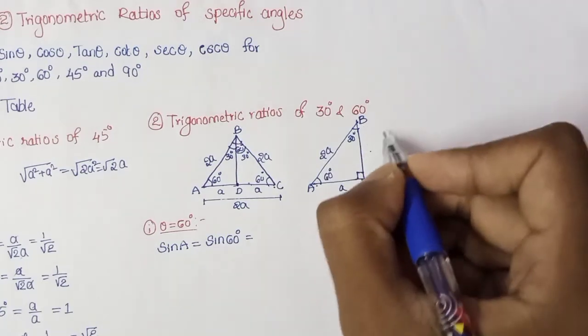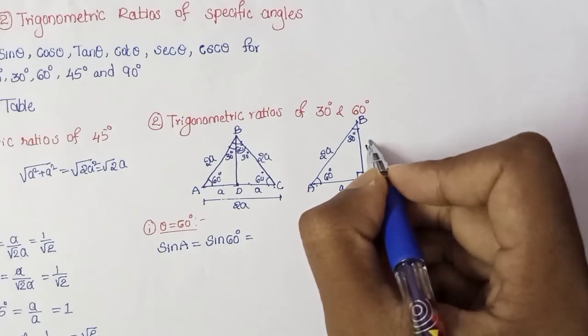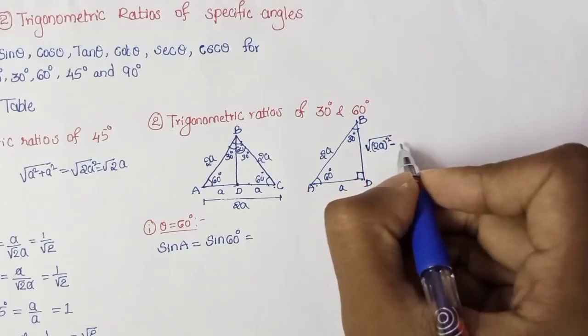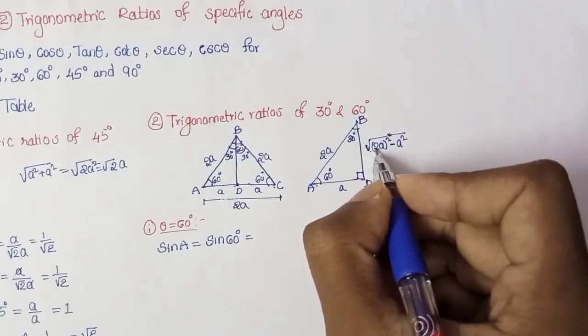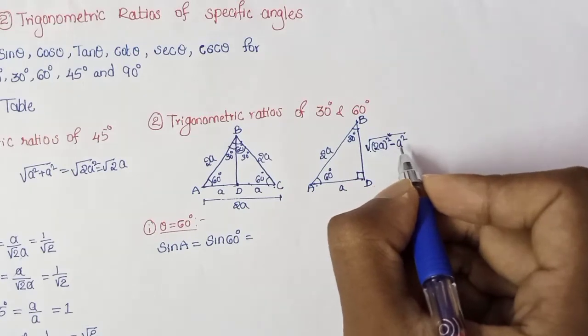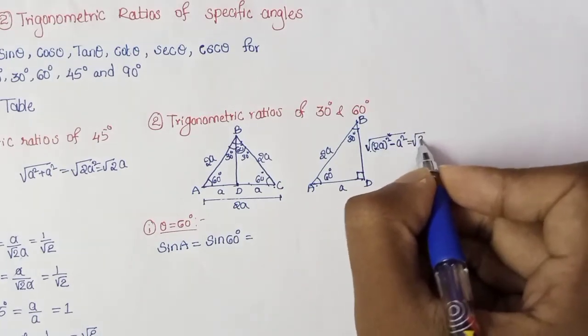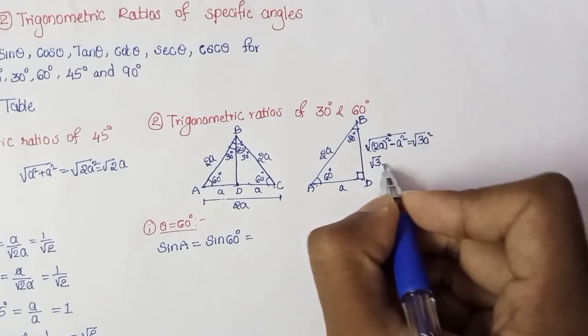So the value of this you can find from the Pythagoras theorem, that is the square root of the hypotenuse squared minus side squared, which is 4a squared minus a squared, equal to 3a squared, which is equal to root 3 times a.